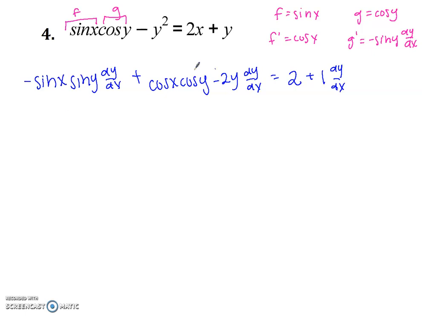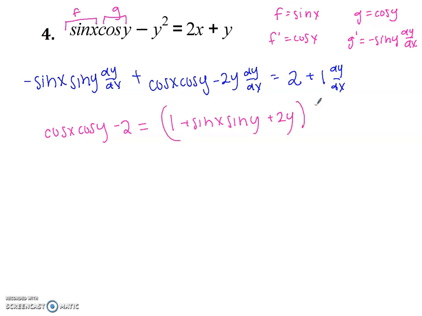Okay. So I'm going to take these two, move them to the other side. So I'm going to leave the cosine of x, cosine of y. I am going to move this 2 over since it doesn't have a dy/dx. Then I'm going to leave my 1 dy/dx. I'm going to add the sine of x times sine of y, and I'm also going to add the 2y.